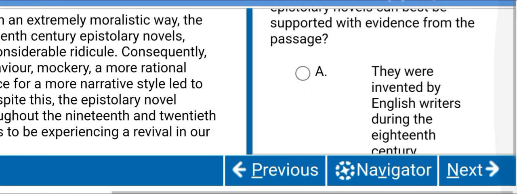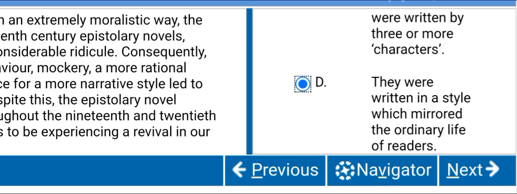So option D, which says they were written in a style which mirrored the ordinary life of readers, is the correct option.